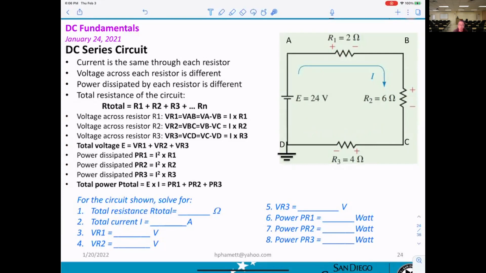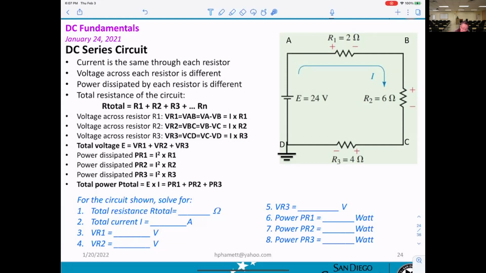When the current goes to different resistors, they will be in parallel. In order to recognize series or parallel, that's what I'm telling you: if the resistors get the same current, they are in series. That's the first thing.